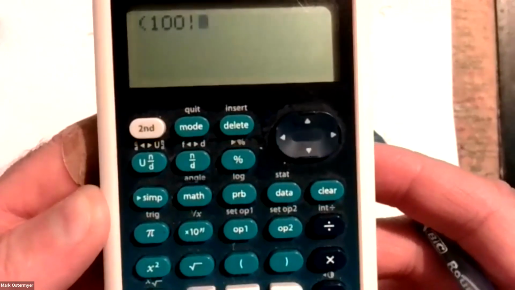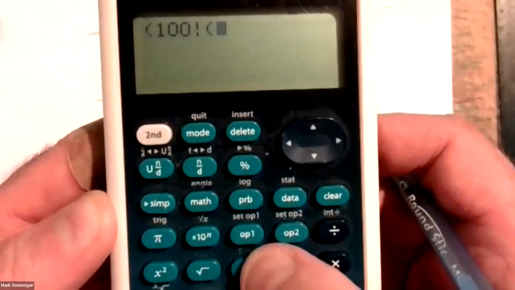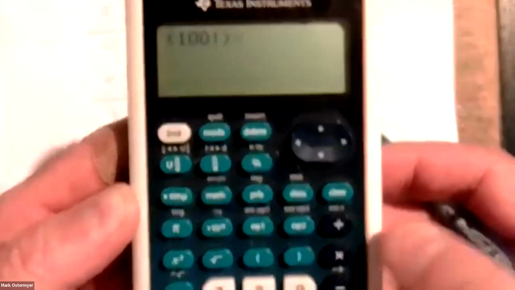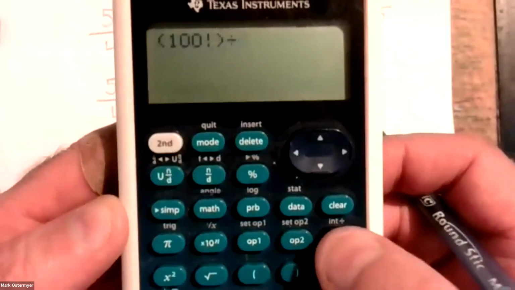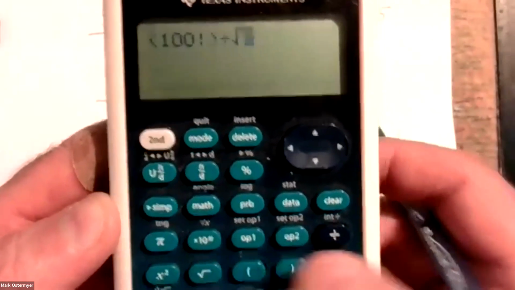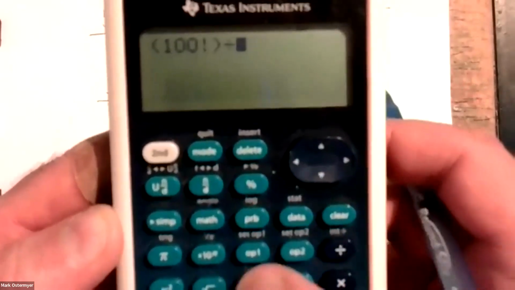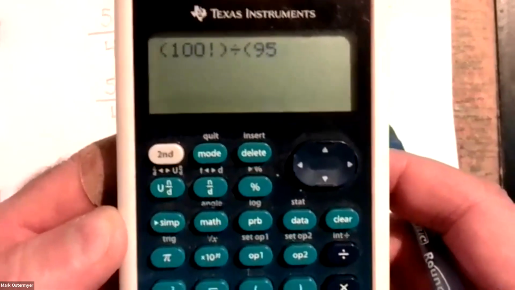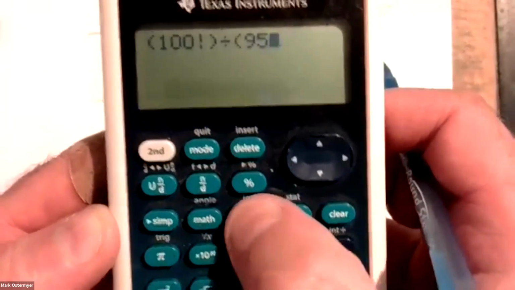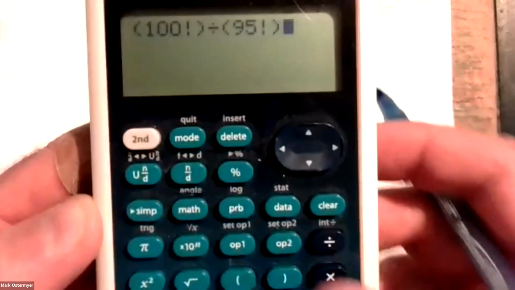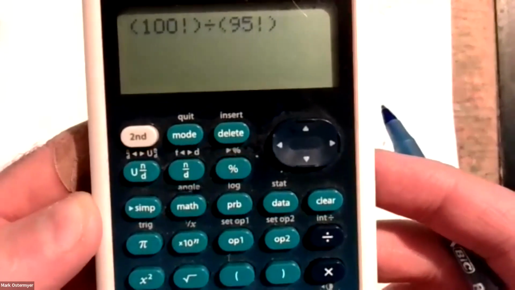Enter. 100 factorial, closed parenthesis, divided by 95 factorial. Open parenthesis, 95, got to go get the factorial function, probability, factorial, closed parenthesis, enter, and here we go.